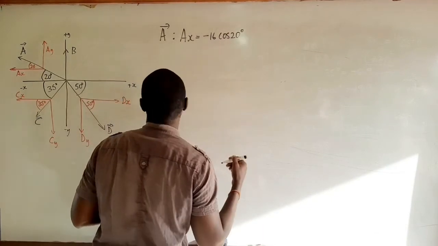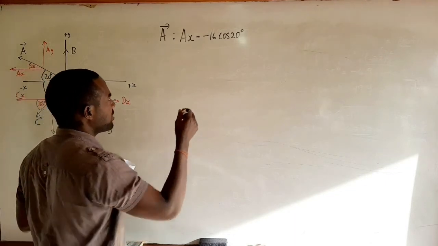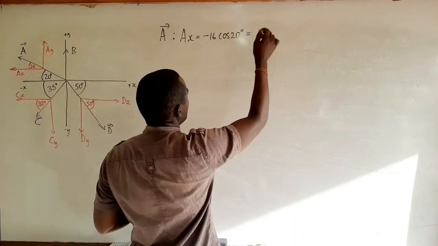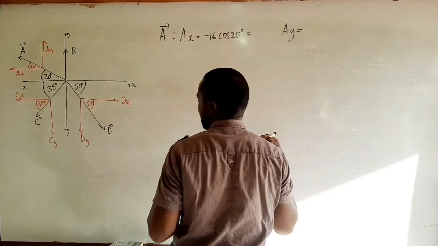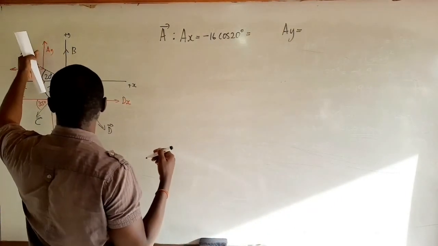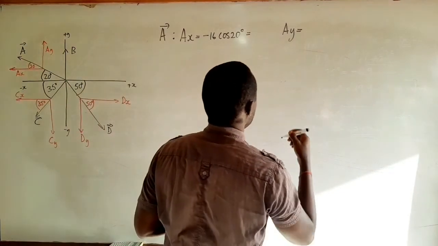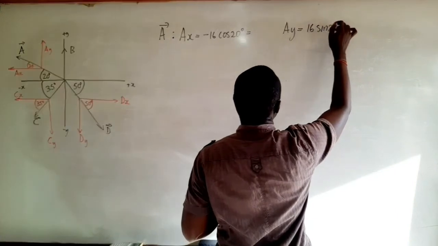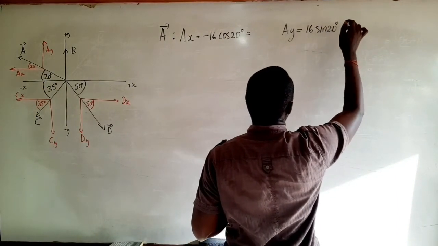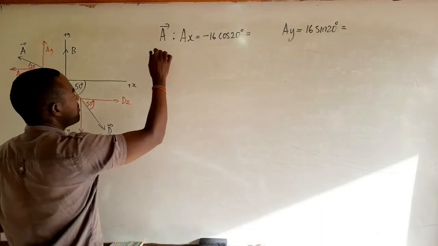And it's cos because it is adjacent to the angle, right? And we'll leave some space to put in that value. For AY, now AY acts in the positive y direction and will therefore carry a positive sign. So AY is equal to 16 sine 20 degrees, and we'll work out that value. Alright? We'll continue with B.